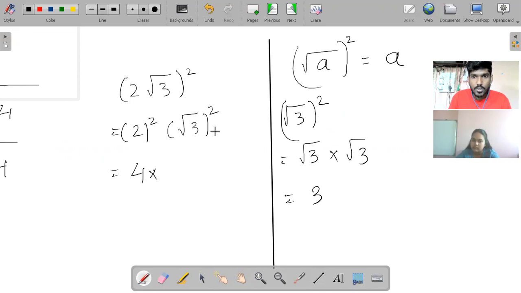So here root 3 square will be 3, so this is 4 into 3, 12. Is this clear? Any doubts here? No, understood. Okay.